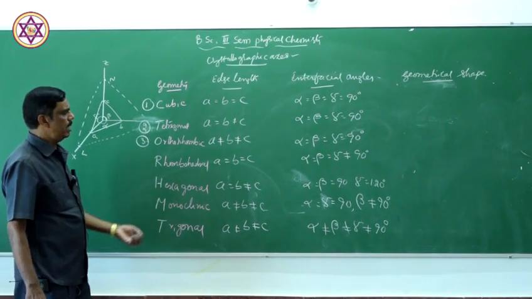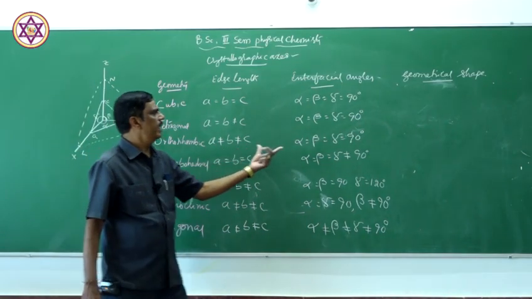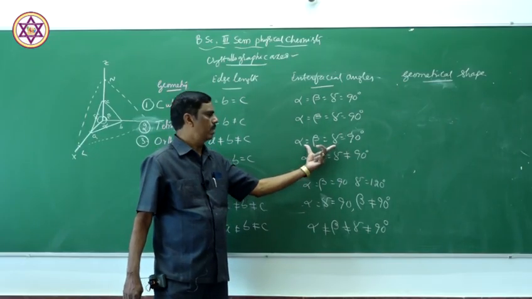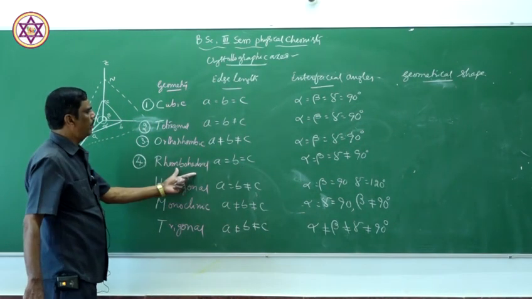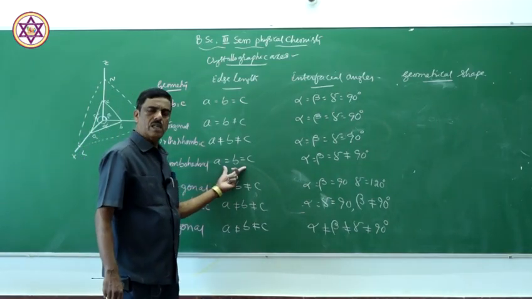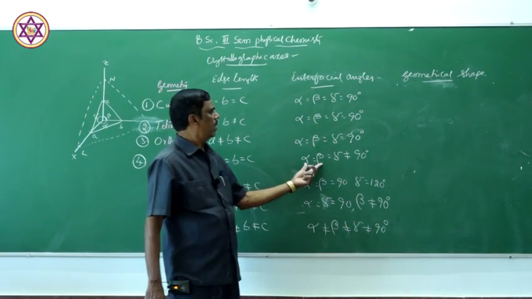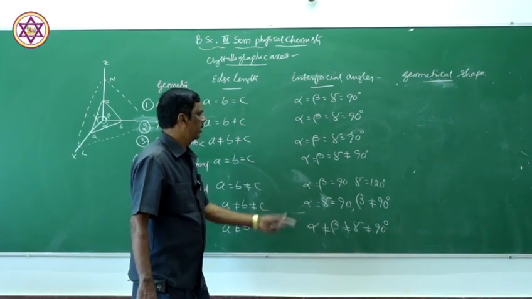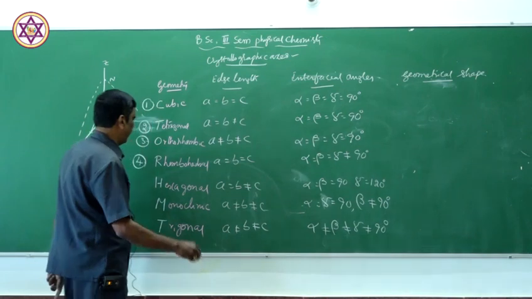In this geometrical shape, all the edge lengths are unequal, whereas all the interfacial angles are equal. Similarly, come to rhombohedral. In this rhombohedral shape, edge lengths are equal, but interfacial angles are not equal to 90.